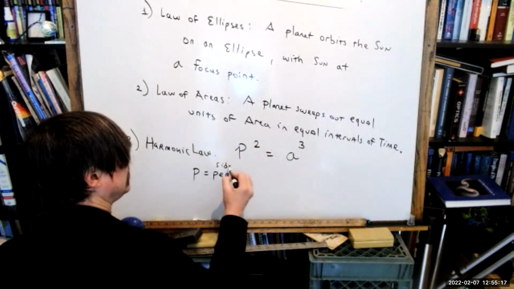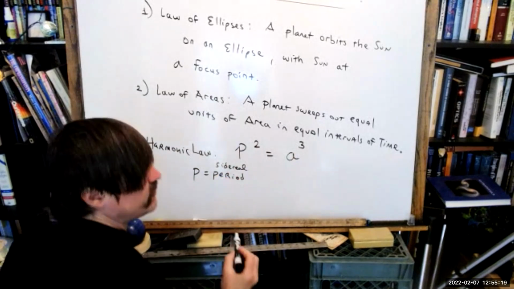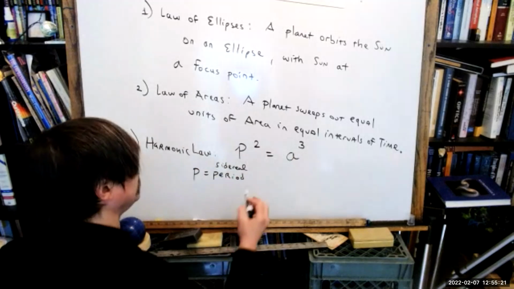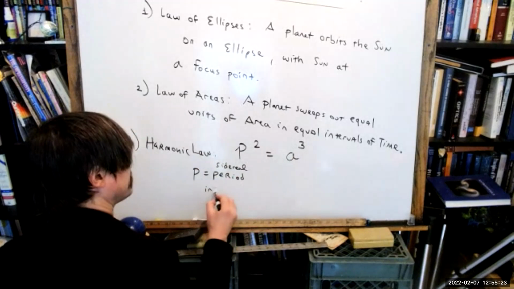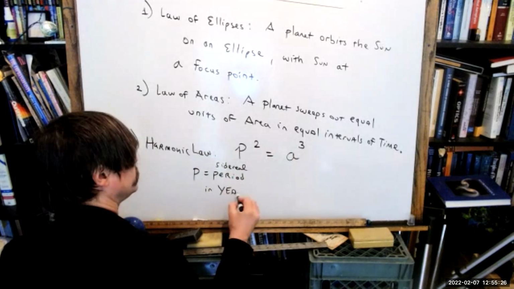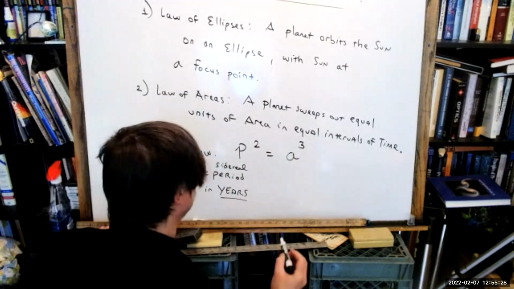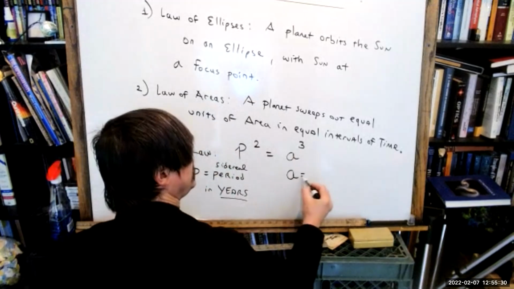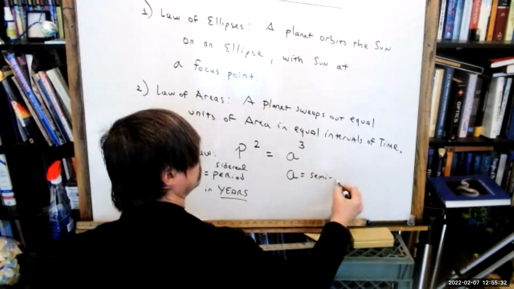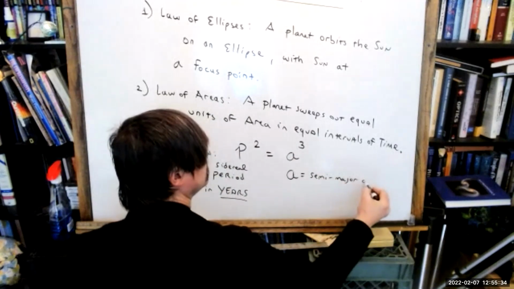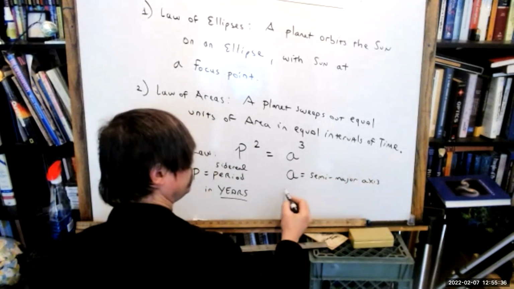And let's make sure we write down sidereal because it could be confusing on a test. It's the sidereal period of the planet, measured always in years.